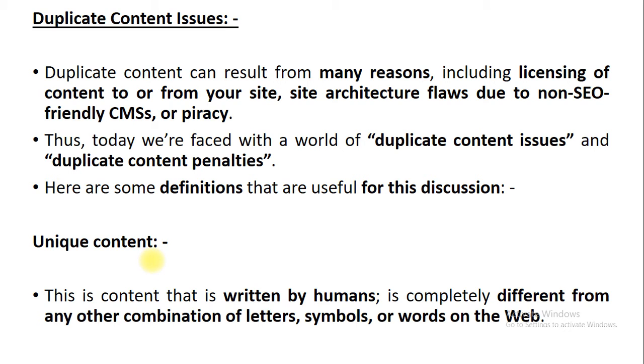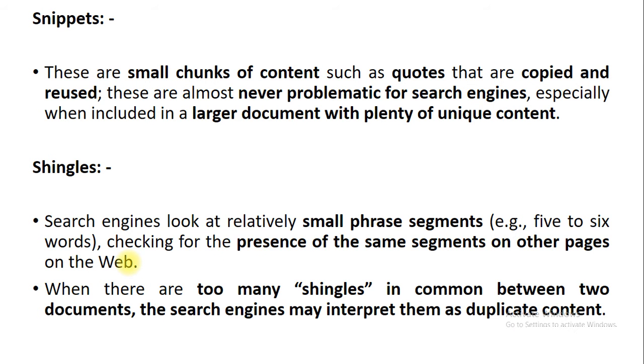These are all the reasons why duplicate content occurs, and why you have a duplicate content issue as well as duplicate content penalties. We have taken certain points in the discussion regarding duplicate content issues. Number one, unique content. Unique content is generally written by humans, and it is generally not available on other websites, because you have used different combinations of letters, symbols or words which are not available on the web. Next is called snippets.